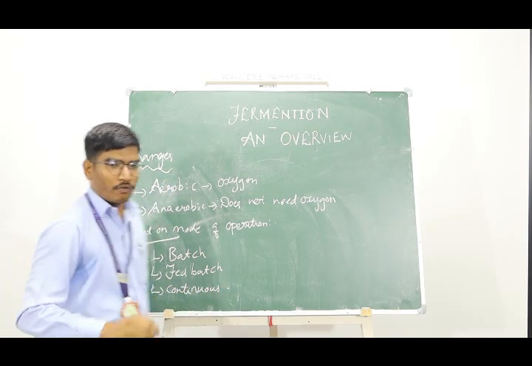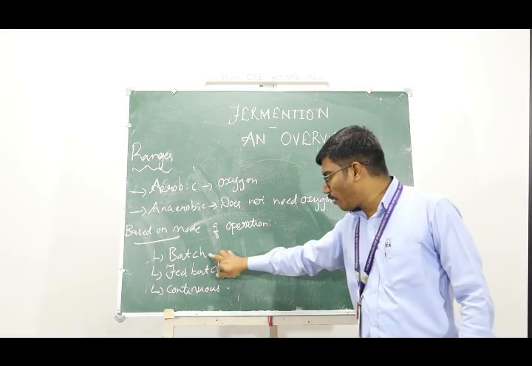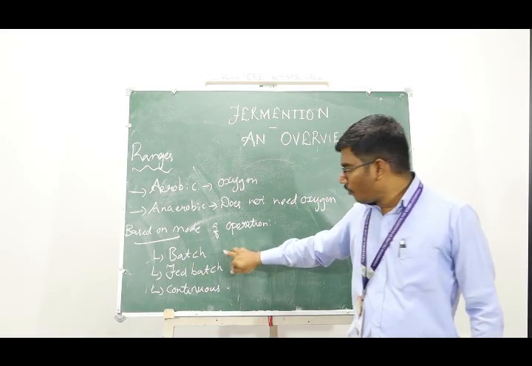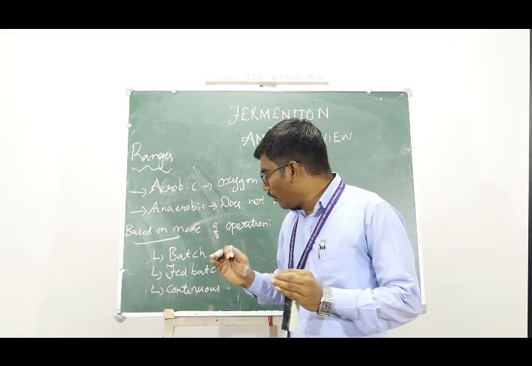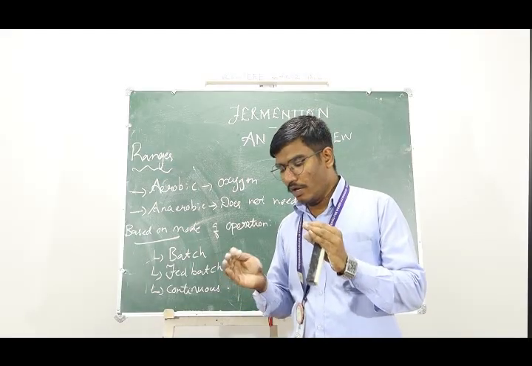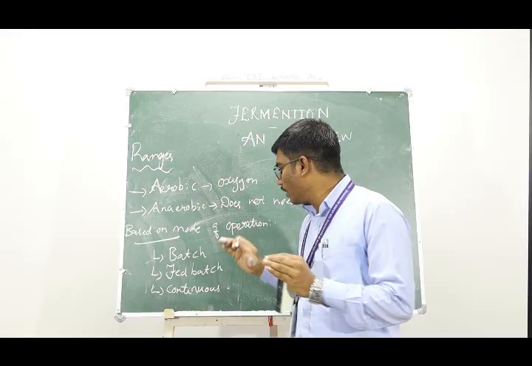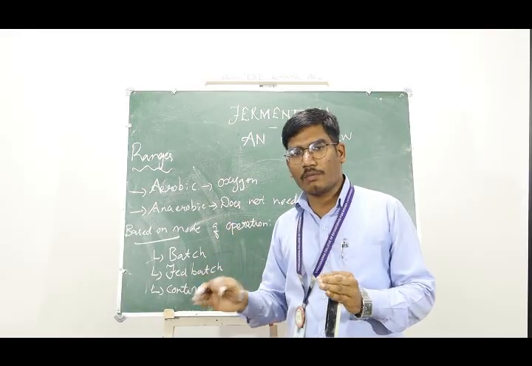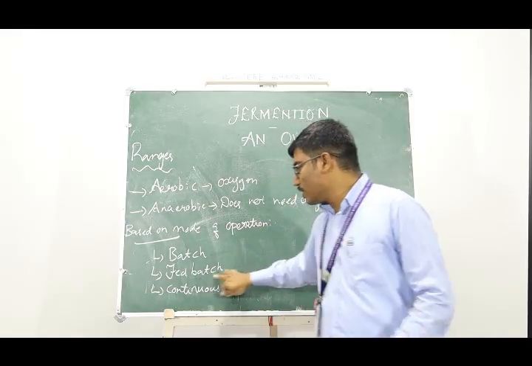The difference is that in batch fermentation, to carry out the fermentation we have to prepare the media, and we need a particular substrate. We make the essential media, inoculate the microorganism, and after the reaction we collect the product.